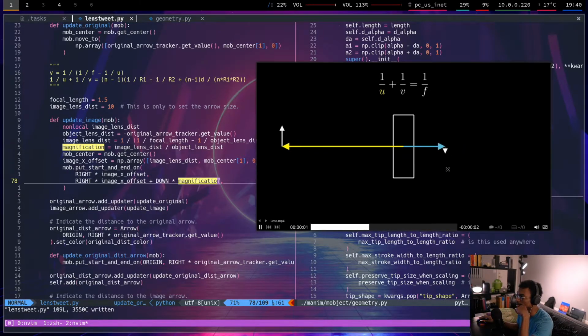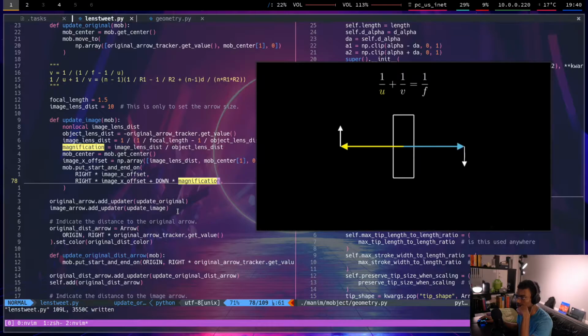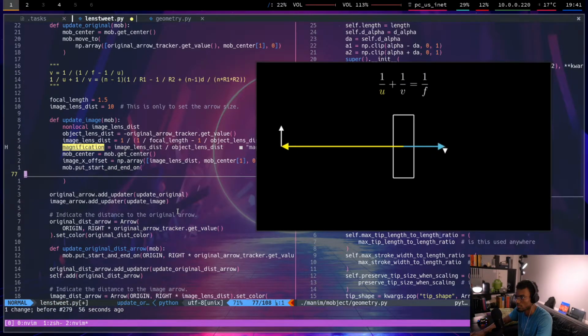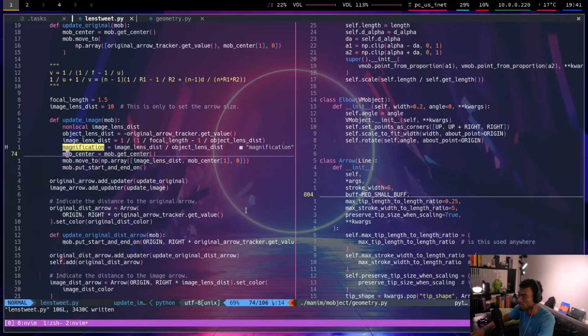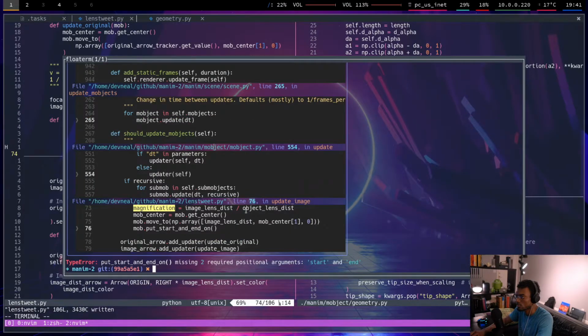Okay, this arrow tip looks too weird. So what I need to do is, don't do this. Okay, so this is where it was before. What did I do?